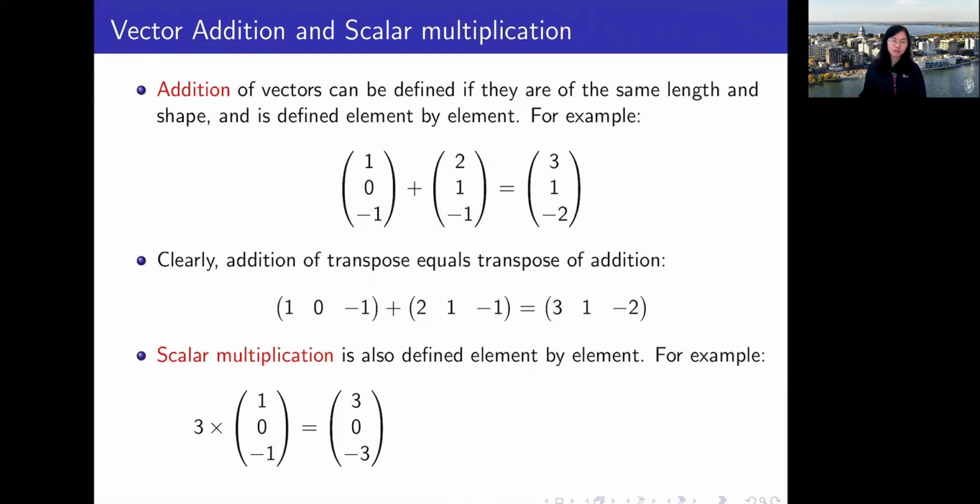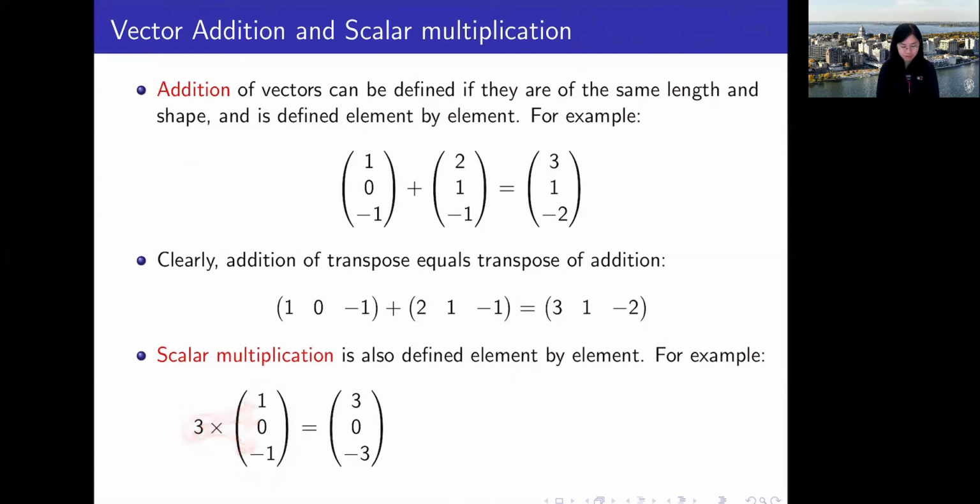That is, we can multiply a vector by a number, which is also called here a scalar. So a scalar is just one number. You can multiply a scalar to a vector, and that simply means you're multiplying the scalar to each and every element of the vector.